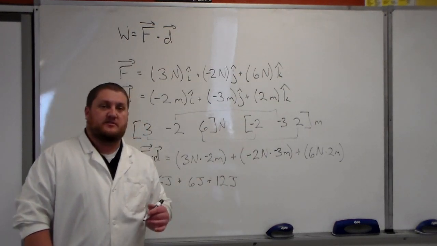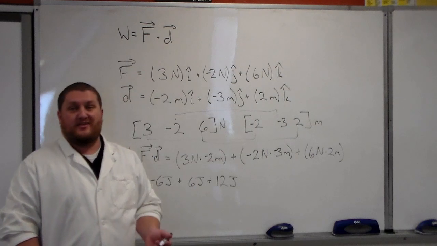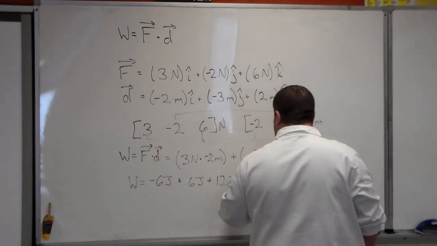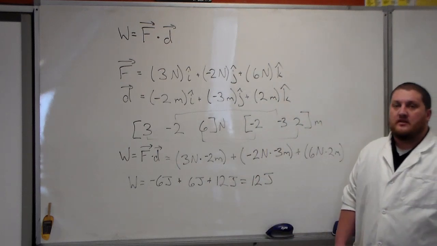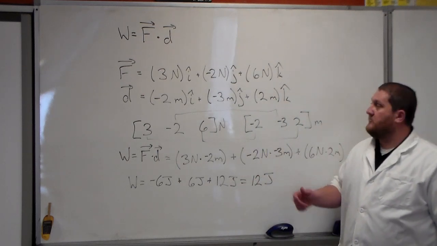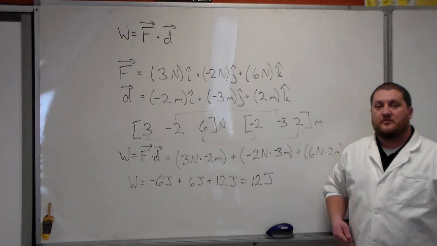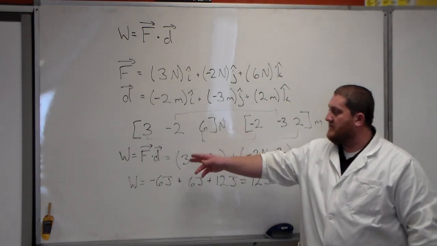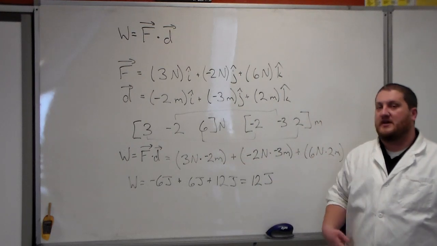And 6 newtons times 2 meters is 12 joules. Now I just need to add all of these together to get my total work. A total of 12 joules of work was done by this force through this displacement. Again, multiply each of the components together and then total them up at the end.